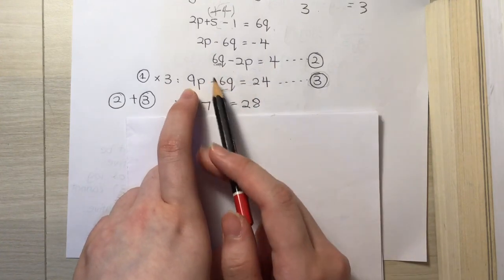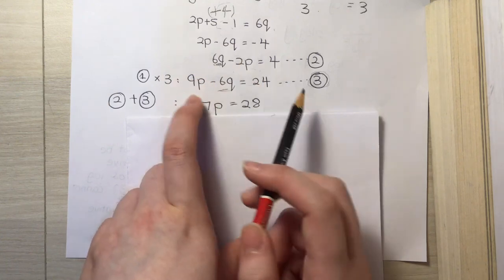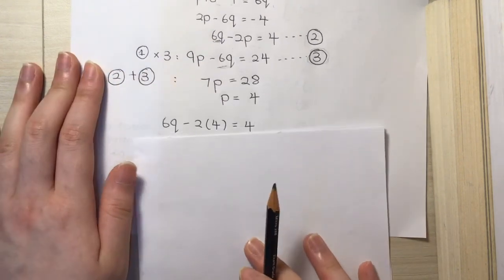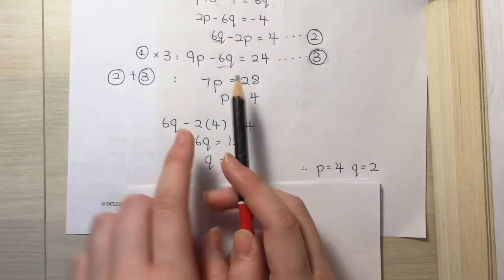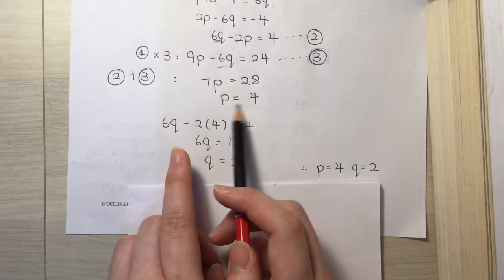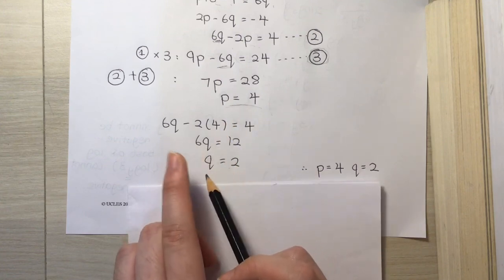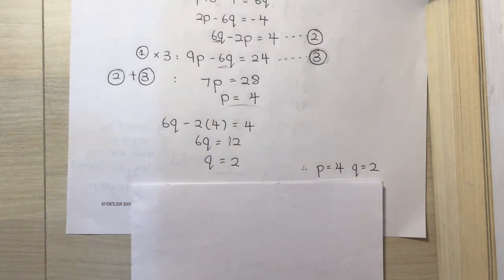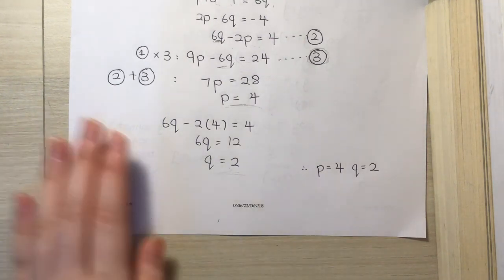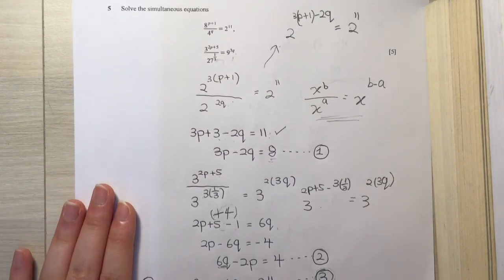If both of them are positive or both of them are negative, I will subtract them. But this is the basics of solving simultaneous equations. So all you have to do is to substitute your p into your equation to get your value of q here. And that's how you approach this question. This is one of the most straightforward ways, I would say.